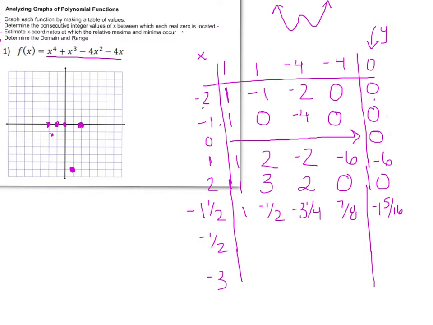Okay, so now we'll plug in negative 1/2, so we drop down the 1. Then we have 1 times negative 1/2 is negative 1/2, plus 1 is 1/2. Now we have 1/2 times negative 1/2 is negative 1/4. Negative 4 plus negative 1/4 is negative 4 1/4.